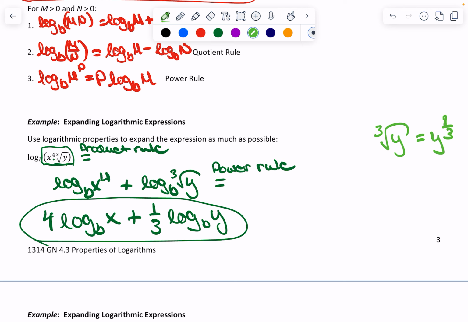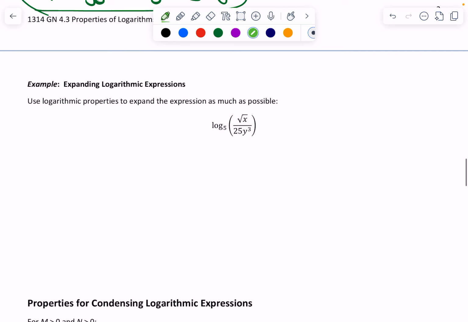Okay, let's look at this one. This is a little bit more complicated here. What we're going to first use is the quotient rule. Even though there's a lot of other things going on here, the quotient rule is the main or the first part.